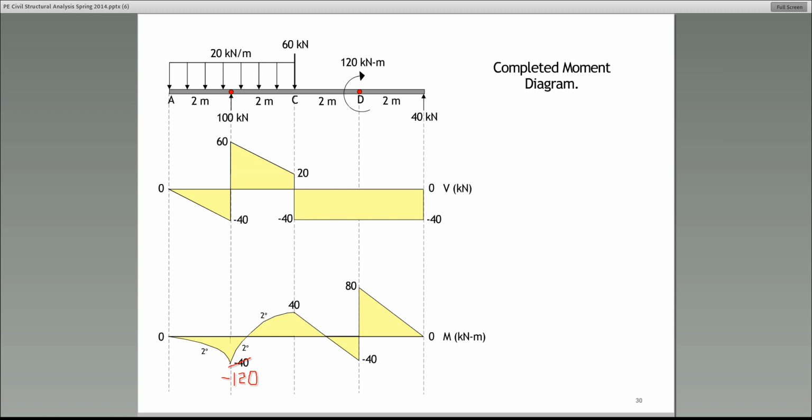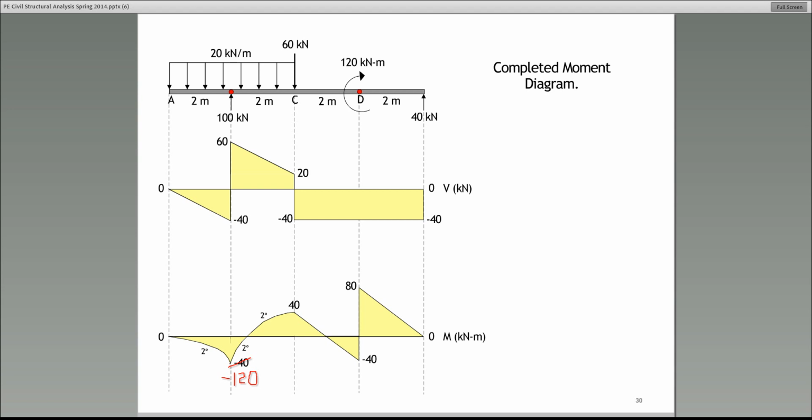So the moment diagram now, Arash, take a look. If I give you this, and the moment diagram is like that. We have a negative 120 at B. Now I ask you, what's the maximum moment for this beam?